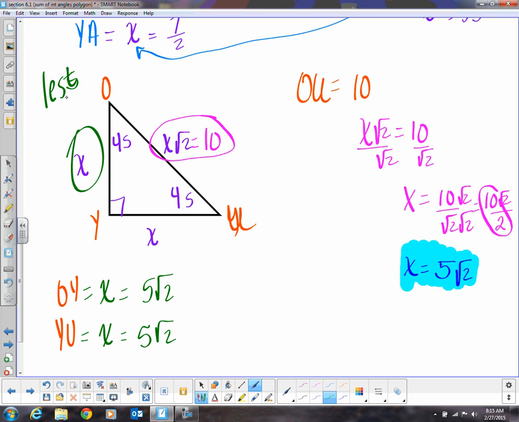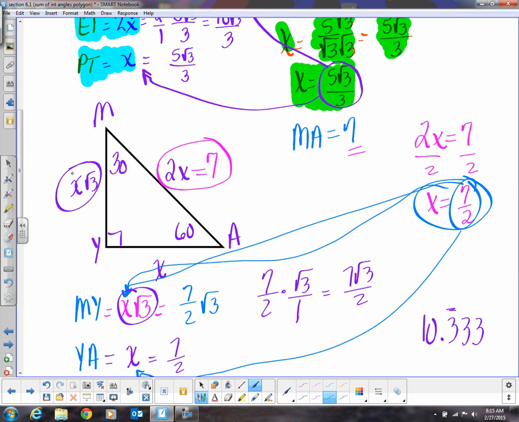Less, L-E-S-S, that's 2 S's, not a T. Less complicated. The only way I can make this interesting is to give you the hypotenuse. Now on this one, I can make it interesting twice. I can give you this side, and I can give you this side. Yes, I can give you this side, which doesn't make it very interesting, and I probably will. You probably have one of each of these.